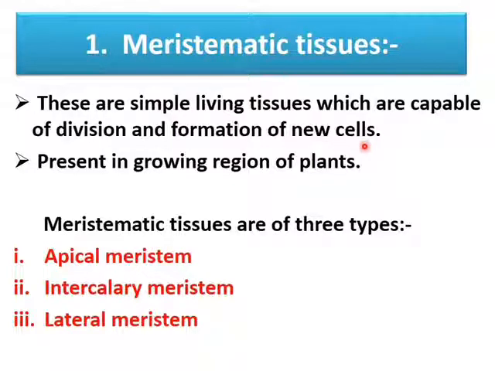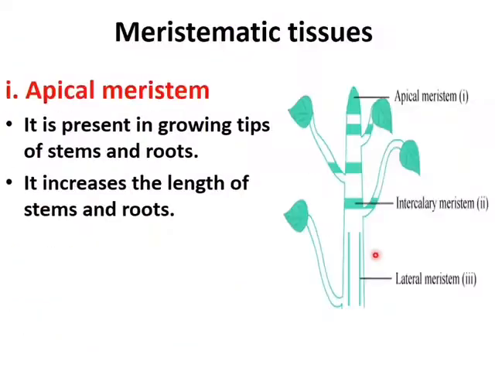Now the subtypes of meristematic tissue, these are of three types. First is apical meristem, second is intercalary meristem, and third is lateral meristem. So we'll be studying about these types. First type of meristematic tissue, that is apical meristem. As the name suggests, apical means these type of tissues are present at apex.